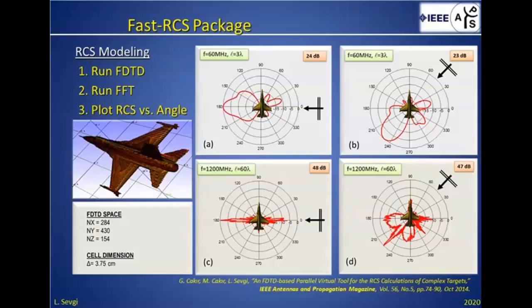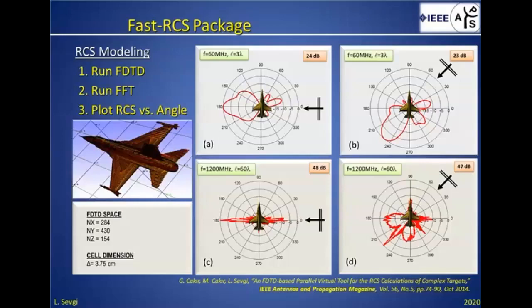On the B, the second one on the top, you change the radar angle and then observe electromagnetic scattering RCS around the object. C belongs to 1.2 gigahertz, where L is equal to 60 lambda, and D belongs to the same frequency, but for different angle of illumination, angle of radar signal.